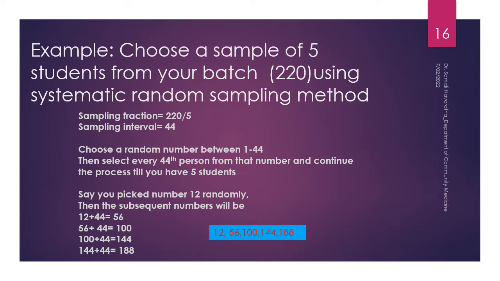Whereas in simple random sampling you may get numbers just from 1 to 100, all 5 numbers can fall between 1 and 100. But here in systematic random sampling it's different. They are evenly spread throughout this population. So that is one advantage, but there are disadvantages as we discussed.